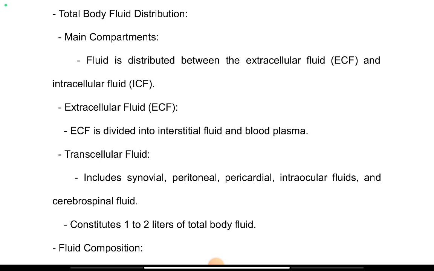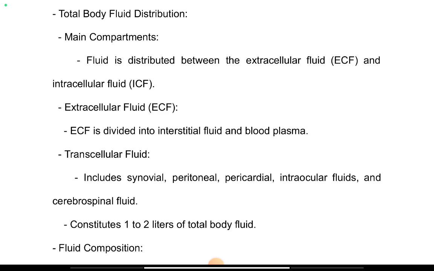So transcellular fluids are the fluids in the other spaces, like the joint space. You check the joint space in your musculoskeletal biology, the basic biology. The joint cavity contains fluid known as synovial fluid. And when you get to the abdomen, there is the peritoneal space, which also contains fluid.